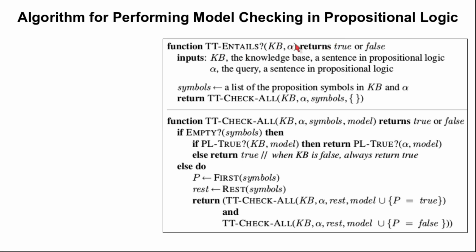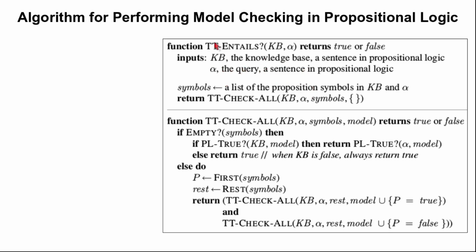And if we cannot entail alpha from KB, this function will return false. Now the two inputs are KB, the knowledge base, and alpha, a sentence in propositional logic.